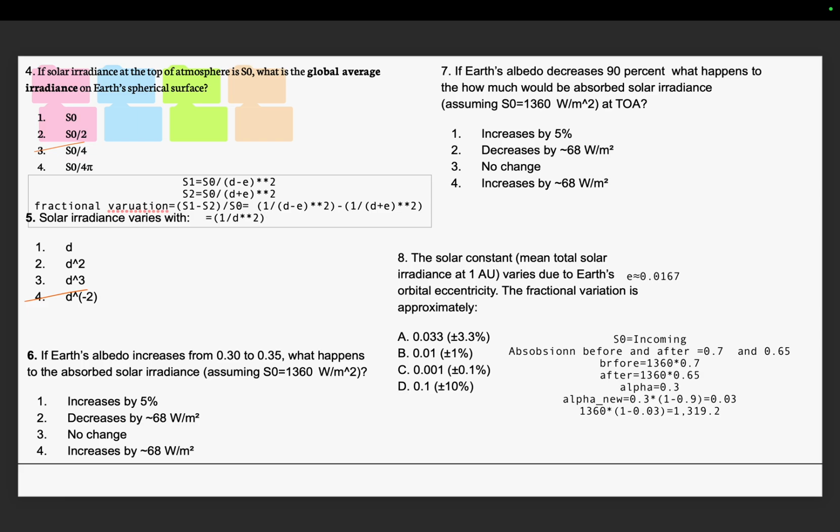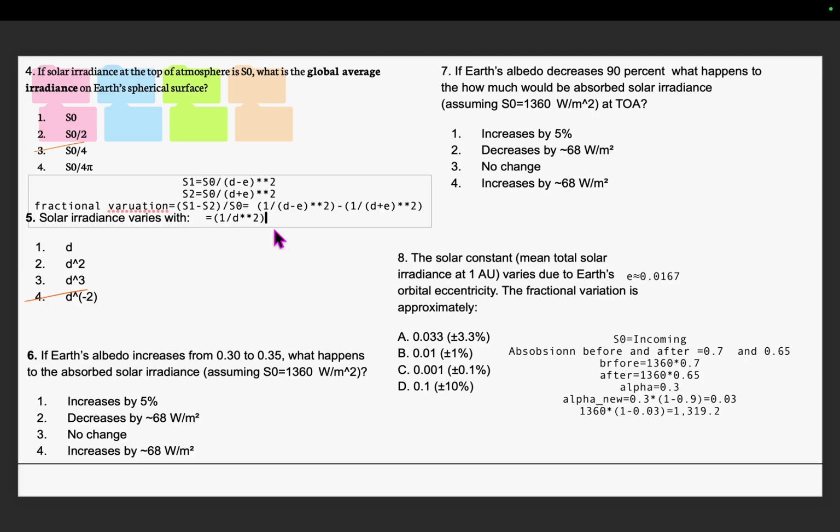The factor is 1 minus e by d to the power minus 2 minus 1 plus e by d to the power minus 2.